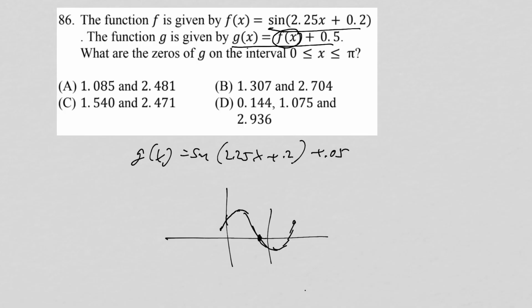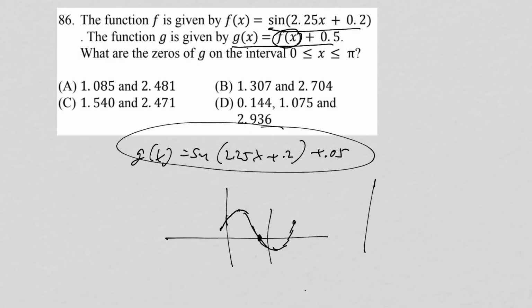Yeah, this is just a graphing question. So I would graph this function on the calculator, and I would find the x-intercepts. Let me try to do that. So when I graph this thing, it ended up looking like that. So there were only 2 x-intercepts.